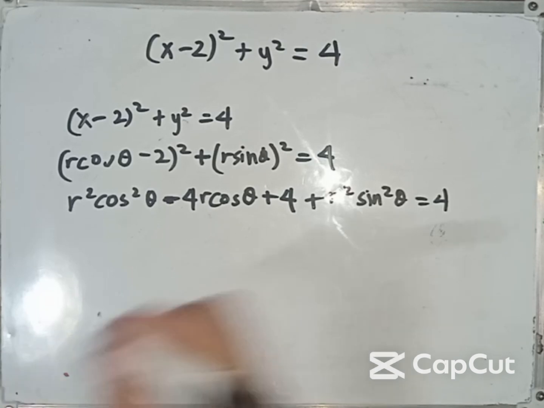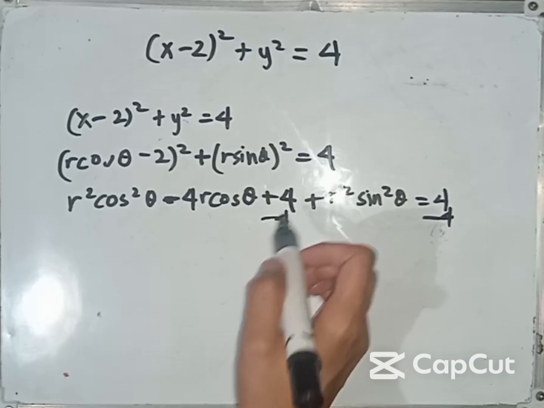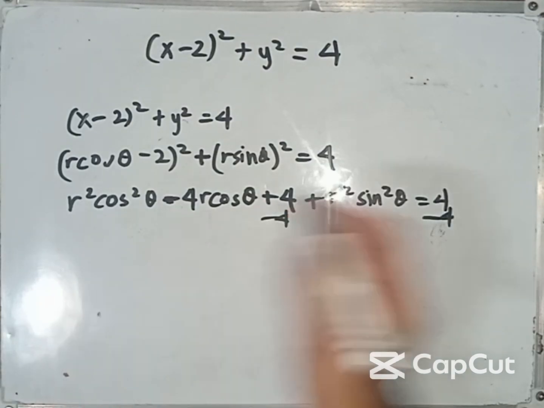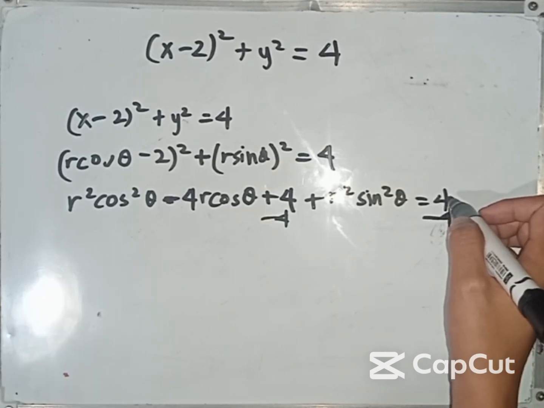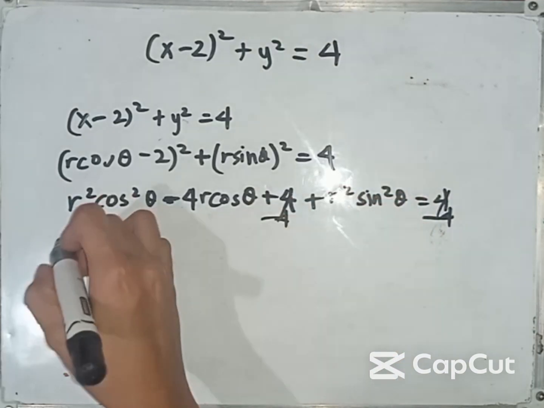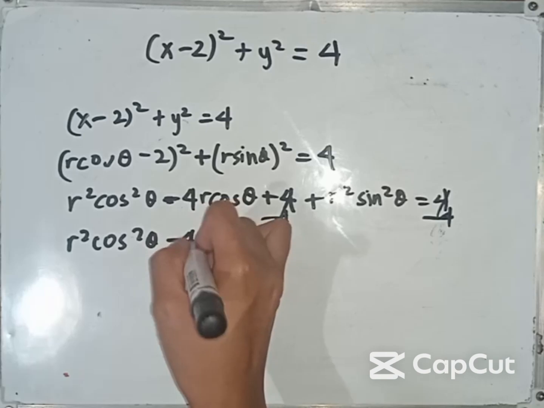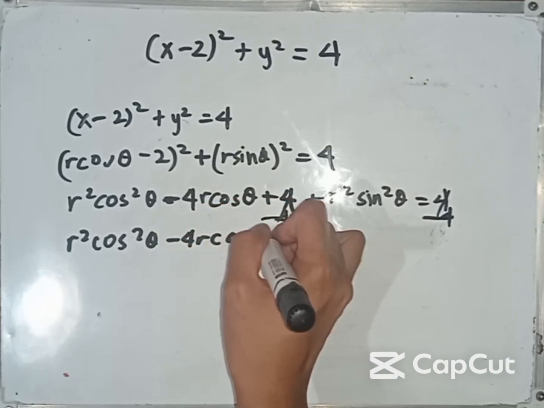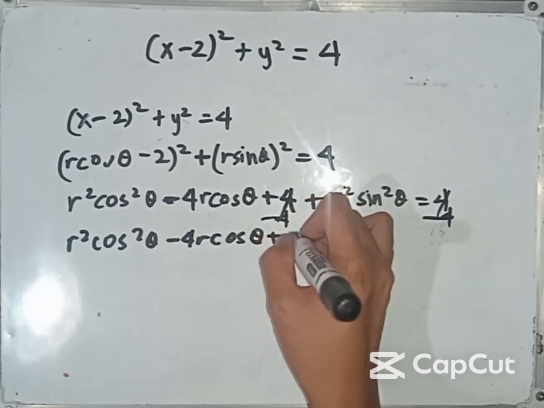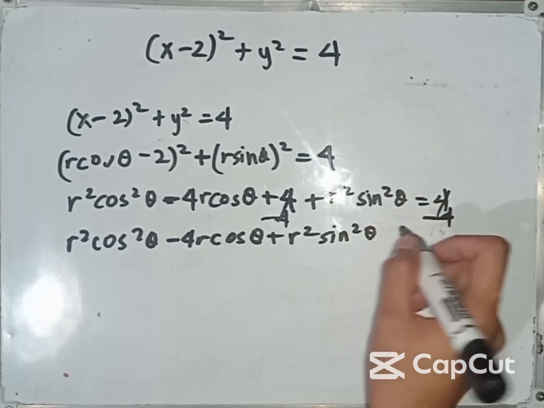So now that we have this, the next thing is to subtract both sides by 4, and this will give us r squared cosine squared theta minus 4r cosine theta plus r squared sine squared theta is equal to 0.